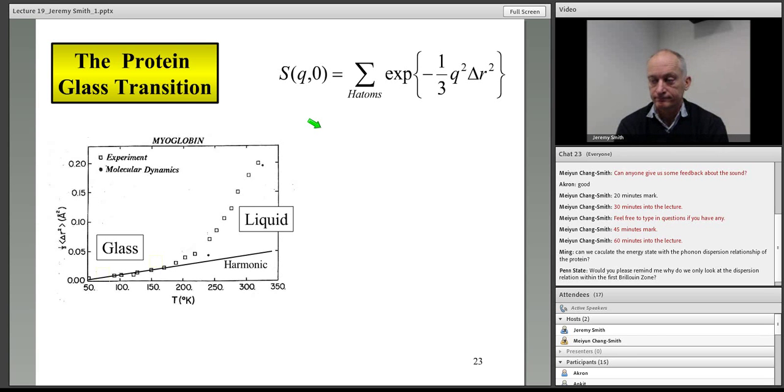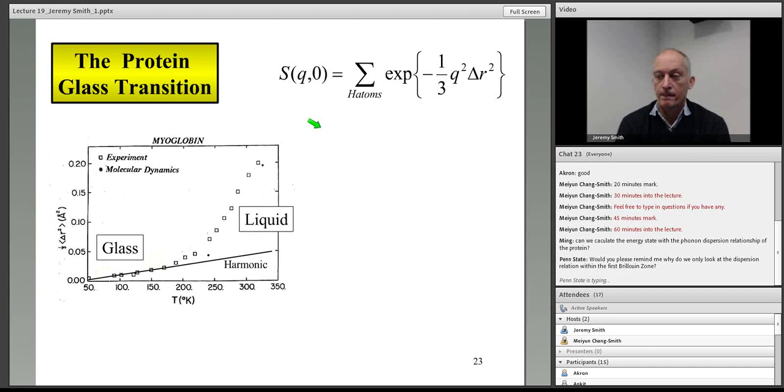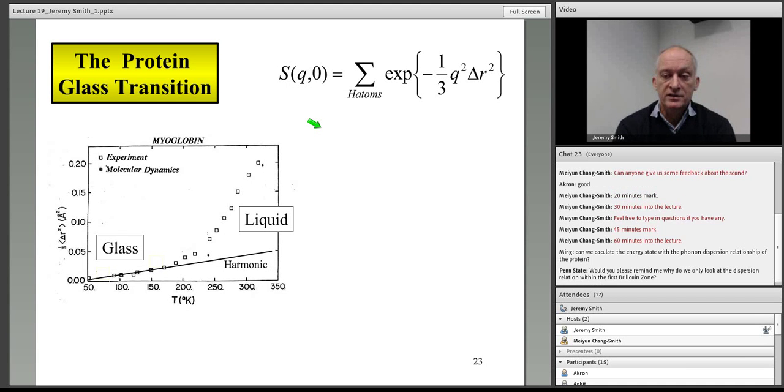It depends what we mean by energy state. What the phonon dispersion relationships give is the entire dynamics of the inter-protein motion. So given the harmonic approximation, in other words, assuming that there are just vibrations, then you have a complete description of the energetics of the protein-protein motion.